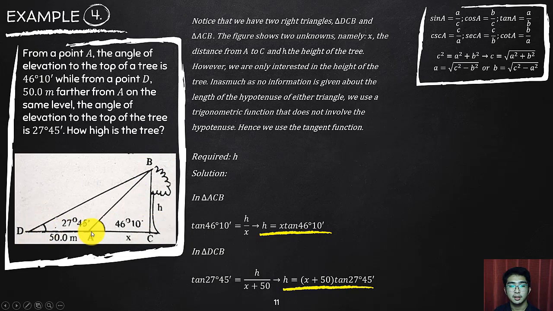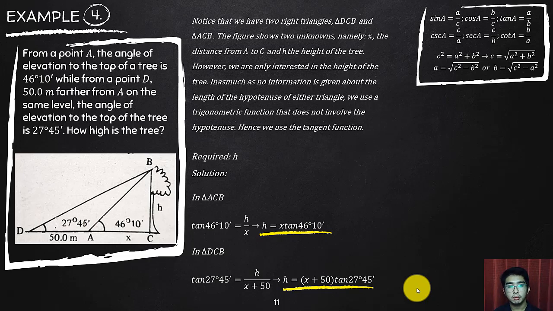So the adjacent side for 27 degrees 45 minutes is 50 plus x. If you use only 50, then that is wrong. That is not the adjacent side of the larger triangle DCB. So tangent 27 degrees 45 minutes is equal to h over x plus 50.